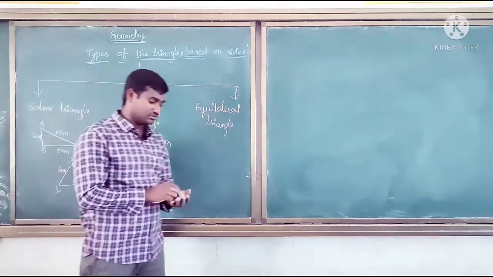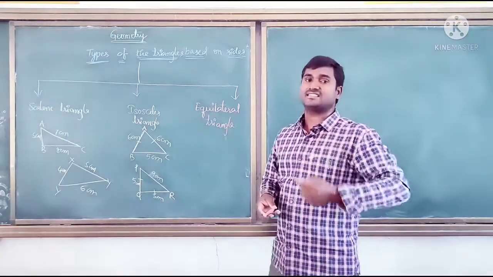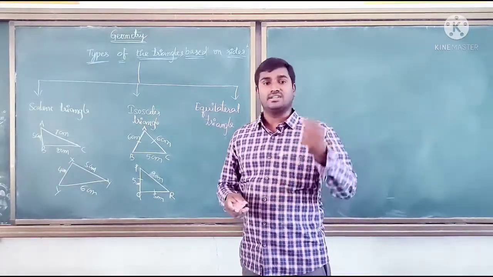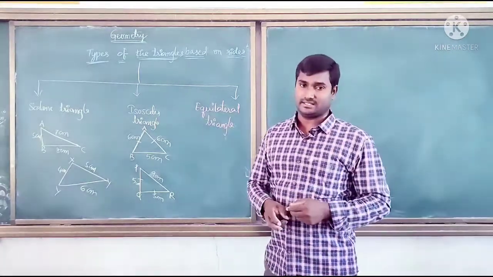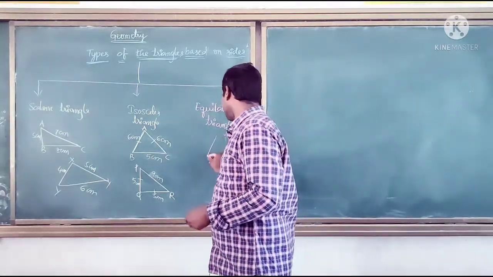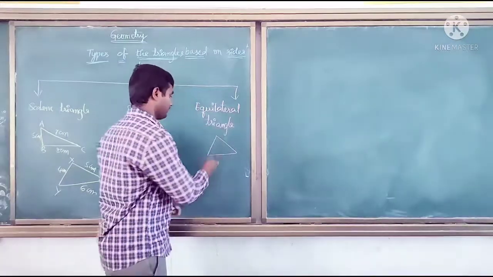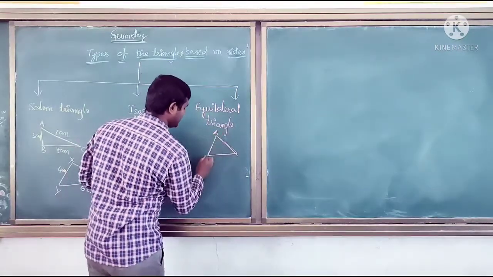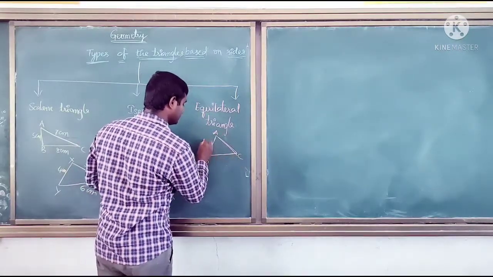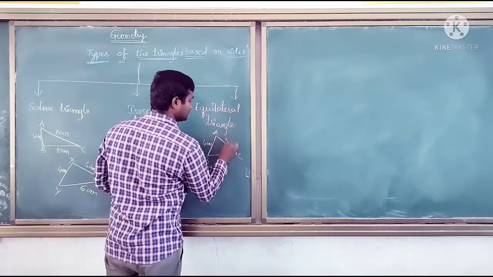Next, the equilateral triangle. In a triangle, if all three sides are equal, it is called an equilateral triangle. Suppose this is triangle ABC, where this side is 4 centimeter, this is 4 centimeter, and this is also 4 centimeter.